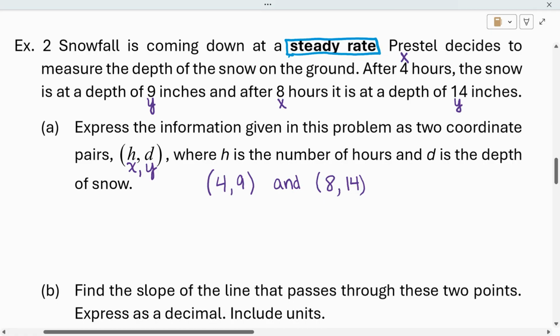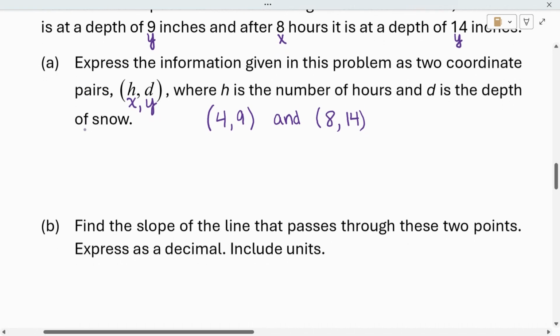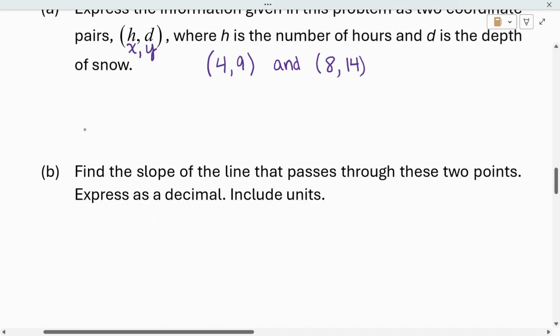Okay. Question B says, find the slope of the line that passes through these 2 points. So again, I'm going to use my slope formula: m equals y sub 2 minus y sub 1 over x sub 2 minus x sub 1. Okay, so I'm going to go back up to my two ordered pairs and label them. This is my first ordered pair, x sub 1 and y sub 1.